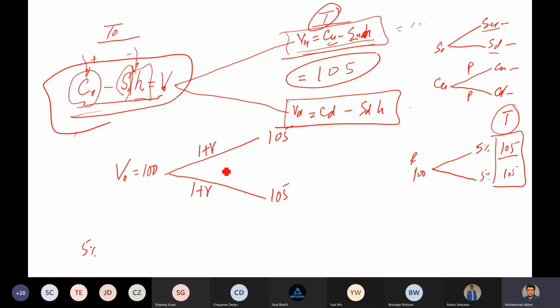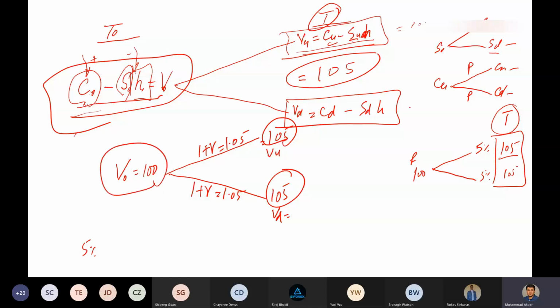So that is 1 plus R, which is equal to 1.05 and 1.05. This is VU and this is VD. So you know this in advance, and then you cannot use any other rate to discount this cash flow back to this value. You will always be using the risk-free rate.